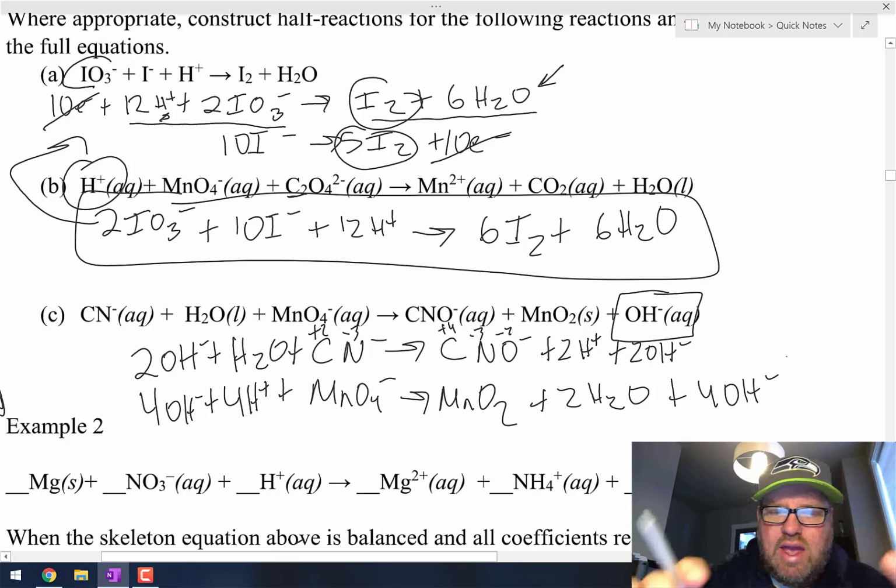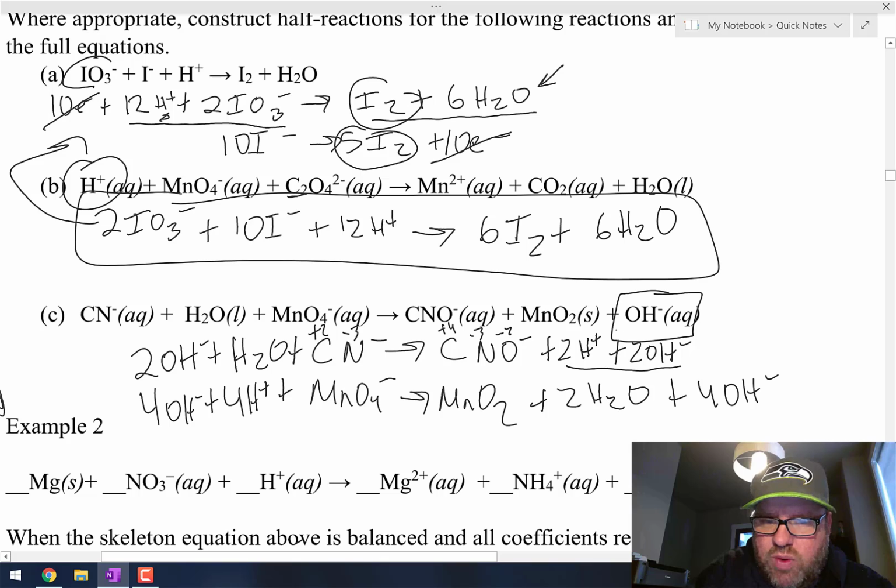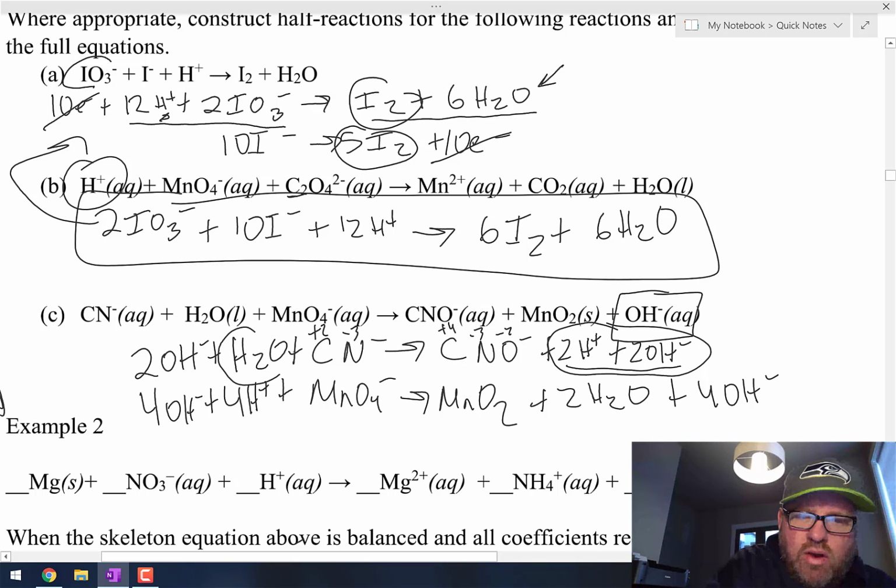Now, again, it's kind of messy now. But basically, now we just keep going. One of the things you might notice, though, is H plus OH minus makes water. So really what this is, is 2 more waters. So we've got 1 water on this side, and we've got 2 waters on the right-hand side.